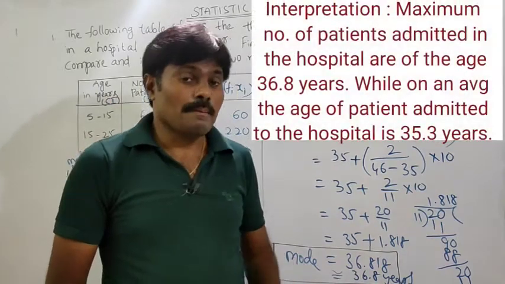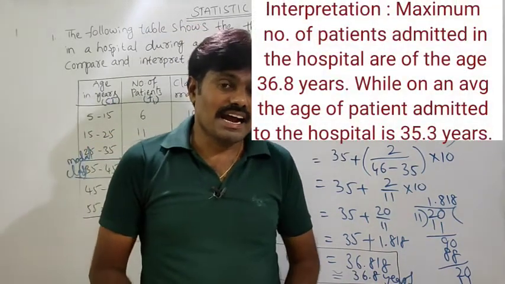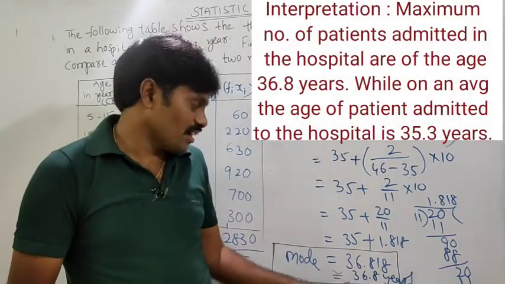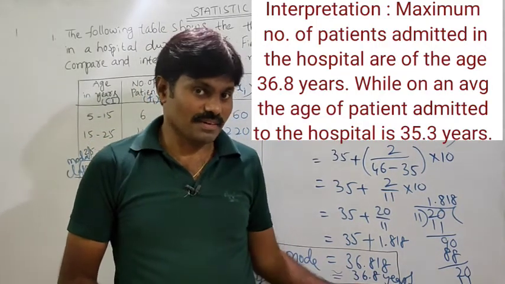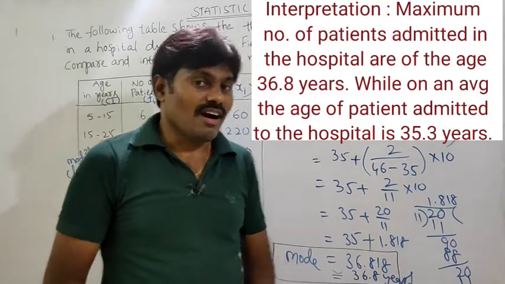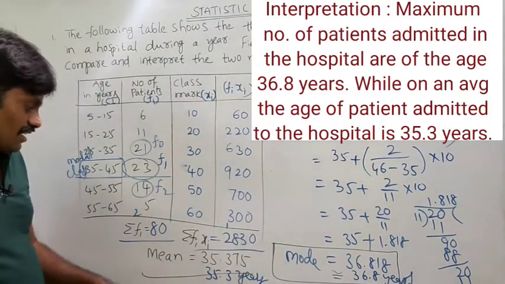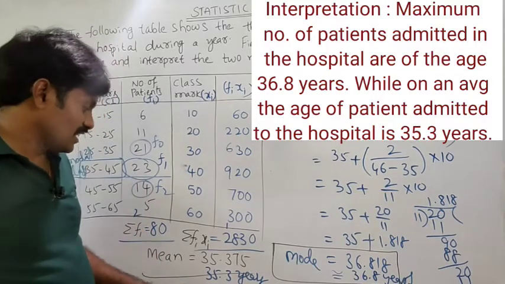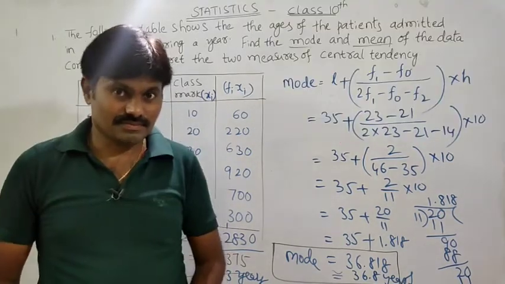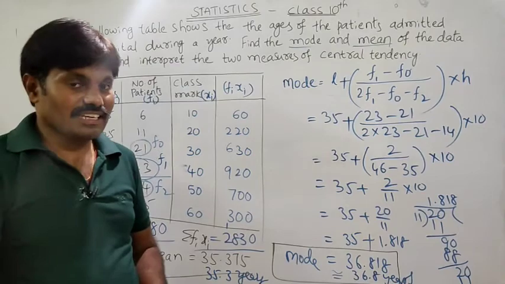That means the maximum number of patients admitted into the hospital are of age approximately 36.8 years, while on average the age of the patients admitted in the hospital is 35.3 years. Is it clear? This is the interpretation.